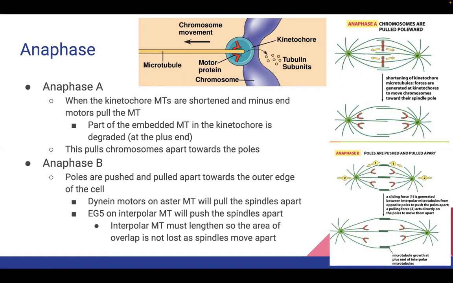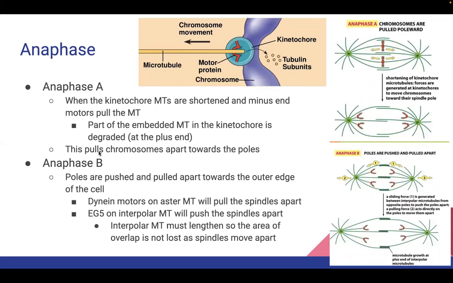The part of the microtubule that is embedded inside of the kinetochore is going to be degraded at the plus end. And this is how the microtubule is shortened and allows the chromosome to be pulled towards the pole. So anaphase A essentially just pulls the chromosomes towards the poles.